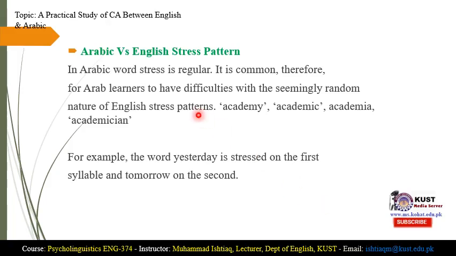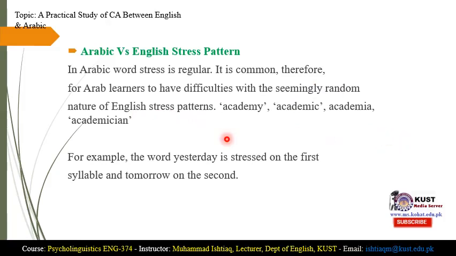Not only do the two languages have different sets of phonemes, they've also got different sets of stress patterns. For instance, in Arabic, word stress is regular. It always remains the same. Whether the word is used and wherever the word is used, the stress pattern remains the same. It's common, therefore, for Arab learners to have difficulty with the seemingly random nature of English stress pattern.